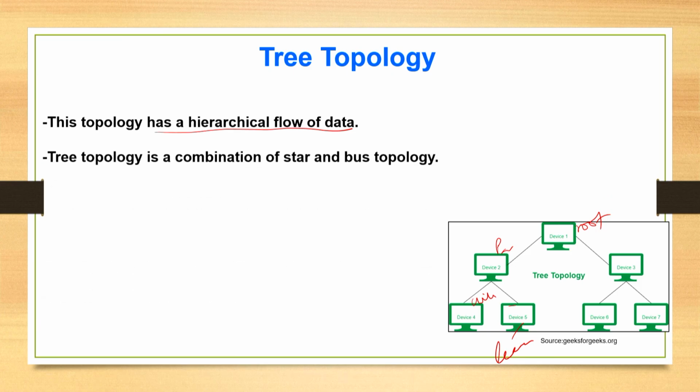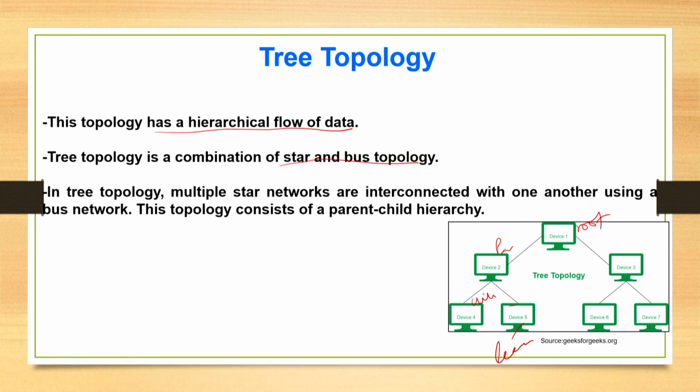Tree topology is a combination of star and bus topology. In tree topology, multiple star networks are interconnected with one another using a bus network. This topology consists of a parent-child hierarchy. As I said, if it is a parent, then it has 2 children. This becomes a parent for these 2 children, and so on.